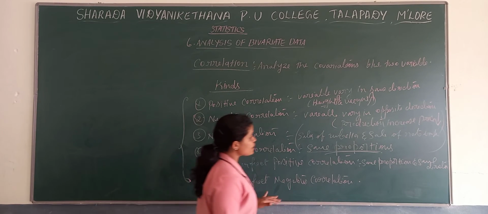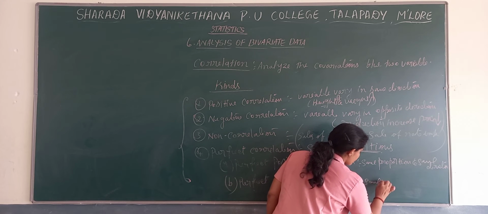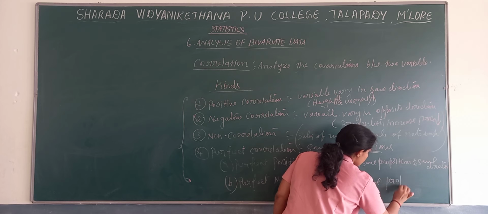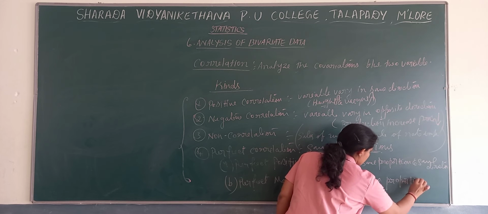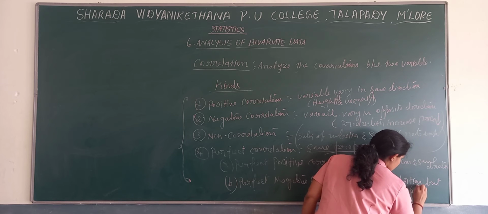So perfect negative correlation means where variables vary in the same proportion but in the opposite direction.